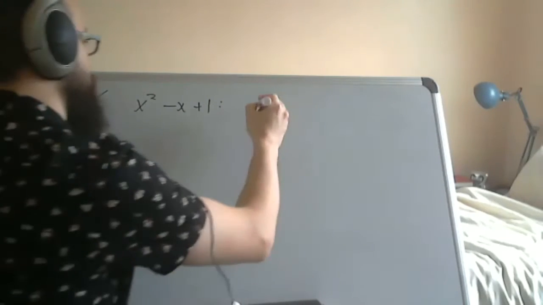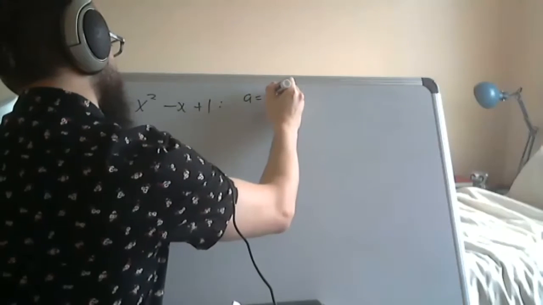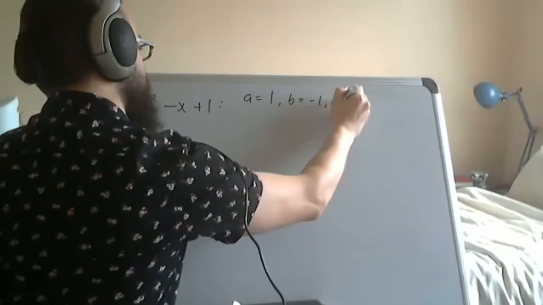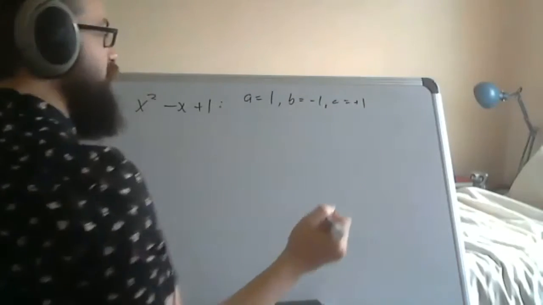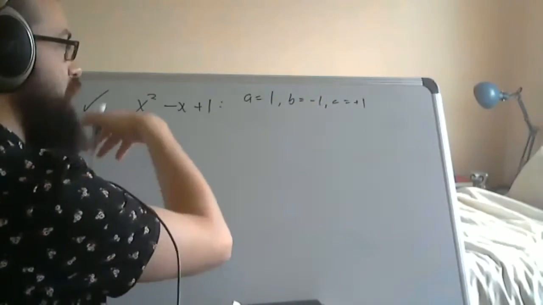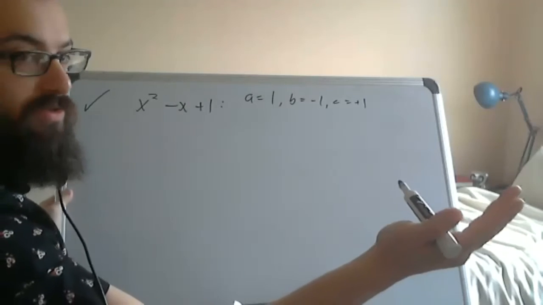So let's identify our things. Our A is a positive 1. Our B is a negative 1, and our C is a positive 1. Nothing too wild. So now let us plug it into the quadratic equation.